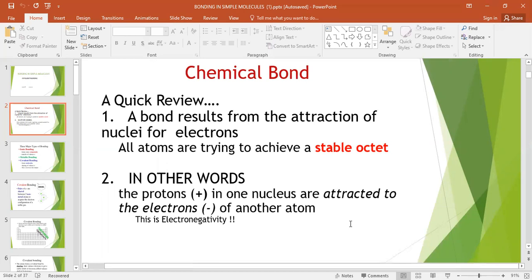In a very simple way, when two atoms combine together, we call it a chemical bond. Is it clear now what a chemical bond is?